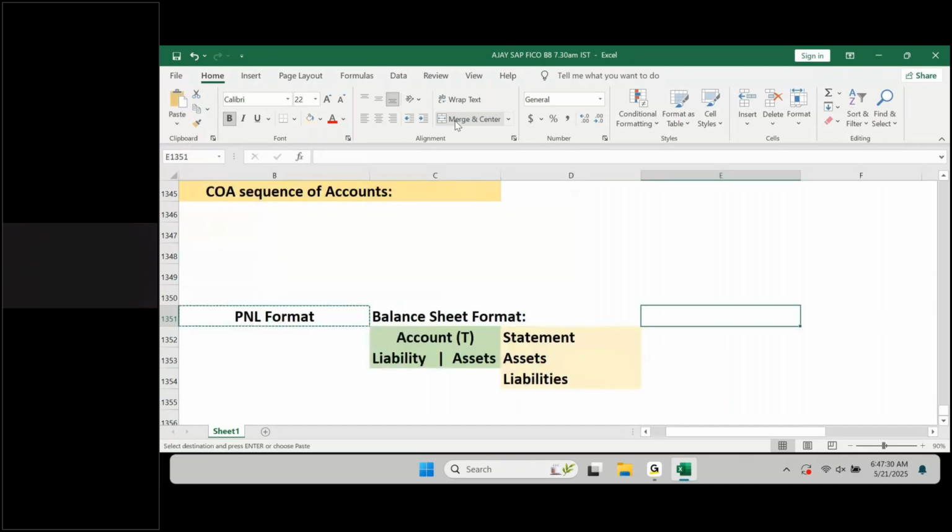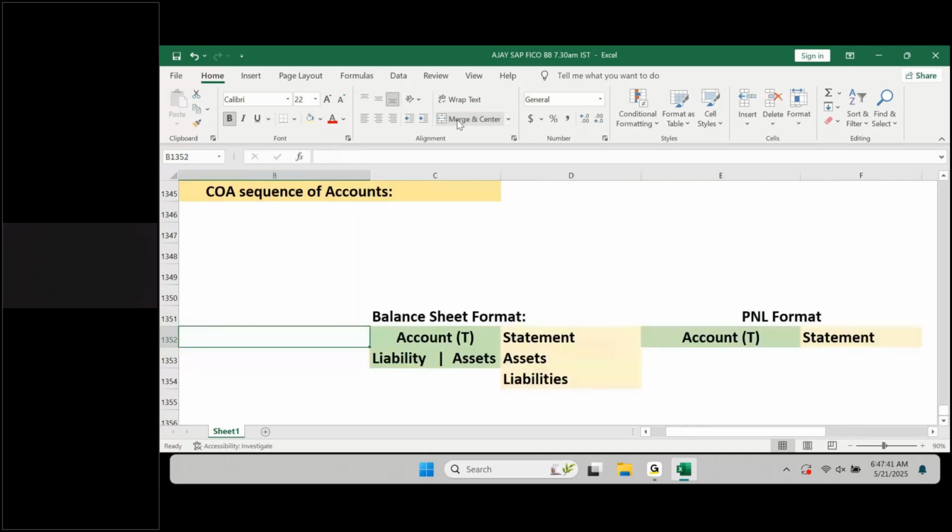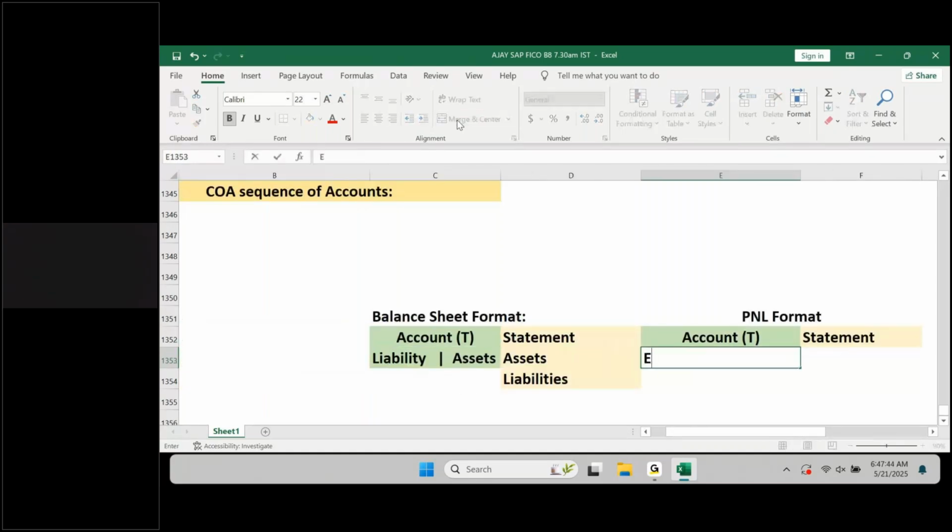In the P&L account, if you put a T shape, first we will put expense and then you will put income. Is this correct?